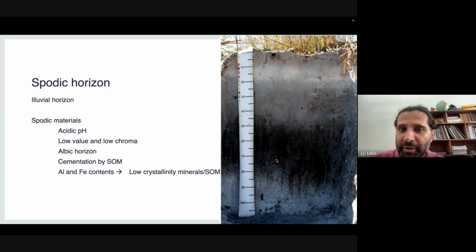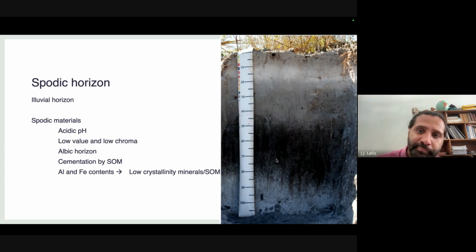You can register migration of organic matter plus aluminum and iron as oxides. And sometimes you register a more intense migration of aluminum and iron, and a very low migration of organic matter. Okay, so all of these three possible cases are connected to the spodic horizons. Okay, this migration of materials from the surface to subsurface horizons.